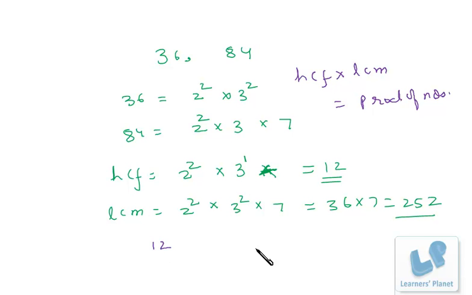That is 12, and what is LCM? It's 252, and whatever the number we are getting after multiplying 12 and 252, it will be the same as 36 into 84, right? So this is the important formula that you have to learn, and we are talking about two numbers only. So HCF into LCM of two numbers is equal to product of the numbers. That's actually an important relationship, right?